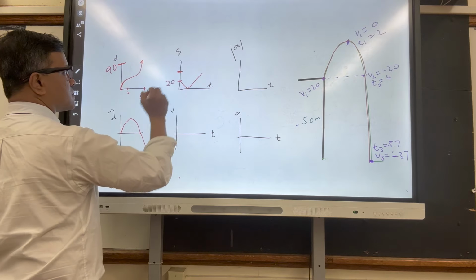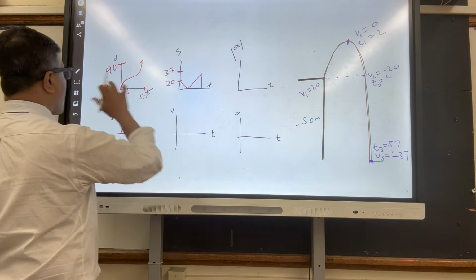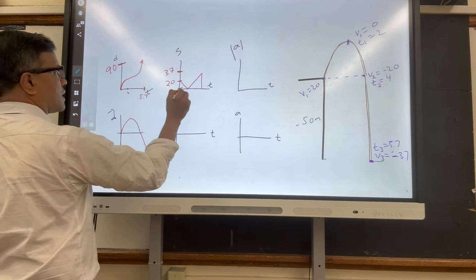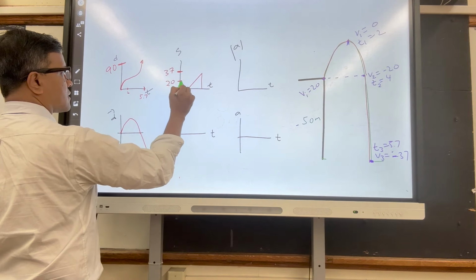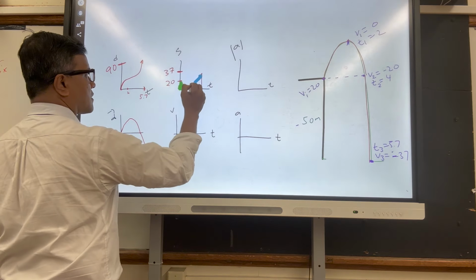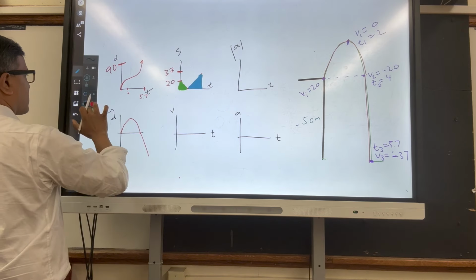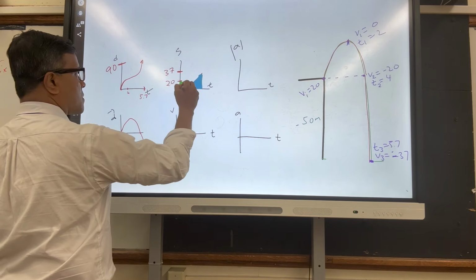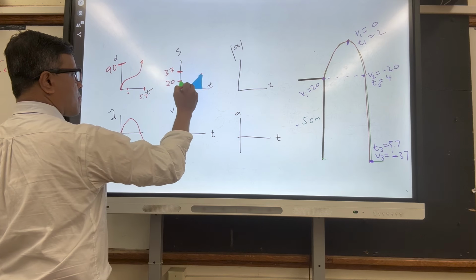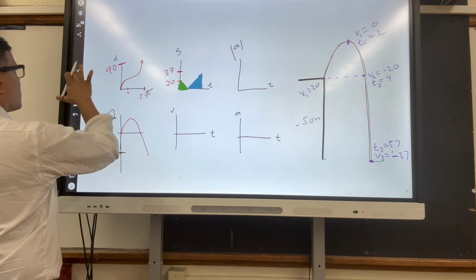Here is 37. Area under the curve. You see that the blue is bigger than green.